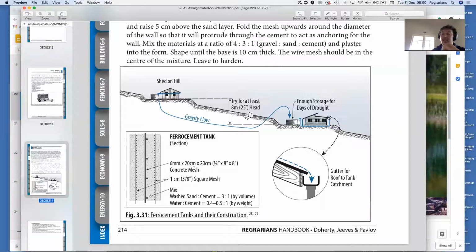So it is not unusual, especially in Australia and the United States, particularly here in Australia, that the shed has a much bigger roof surface area than the house does, ultimately, because sheds are relatively cheap to build per square metre. And so I'd like people to think about the relative position of that shed in the scheme of things and try to get at least 8 metres of head above the house.